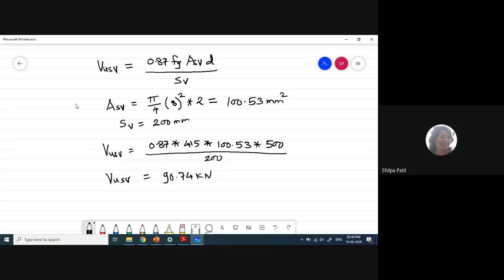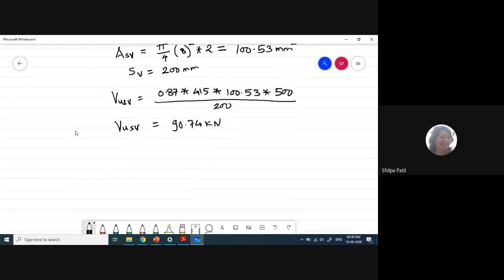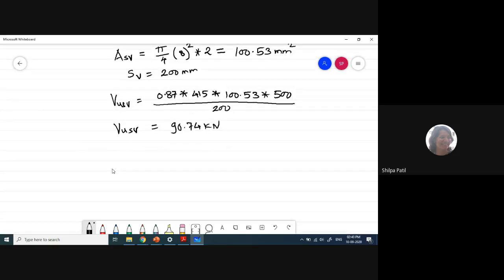Now find out total VUS, which is the addition of VUSV and VUSB, right? So total VUS is equal to VUSV is 90.74 plus VUSB is 0. So this value is 90.74 kilonewton. So what is the VU?